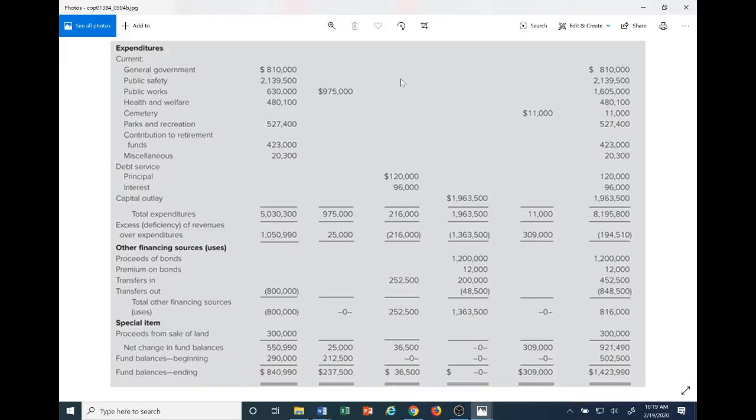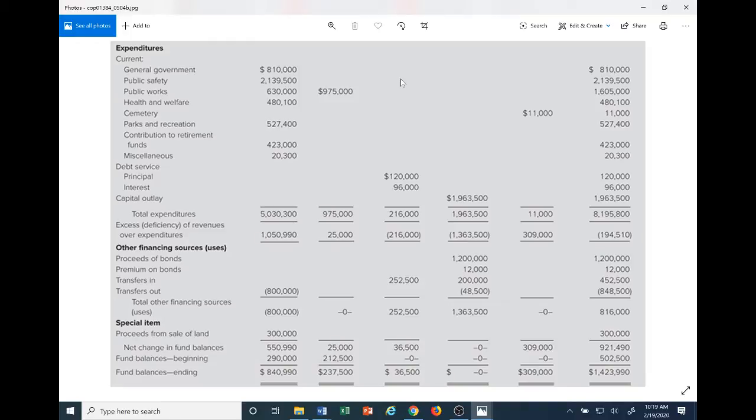It's kind of like your income statements for a for-profit, where you can either have your detailed income statement, I'm probably not using the right name, or just your single statement where you can lump your revenues together and lump your expenses together.